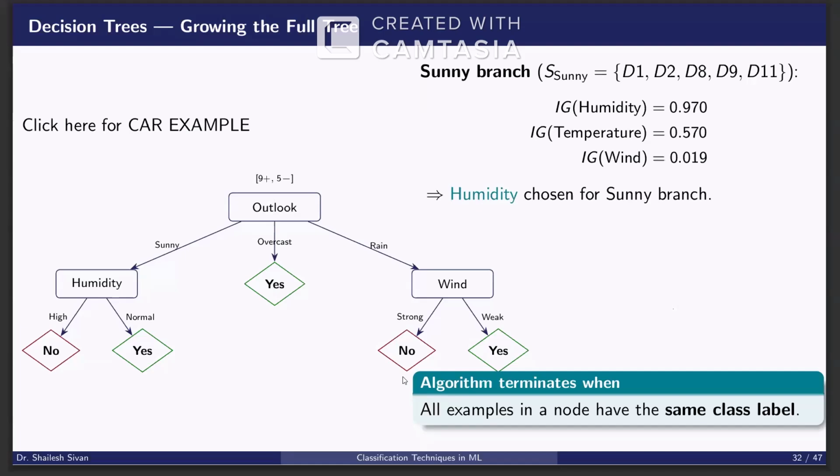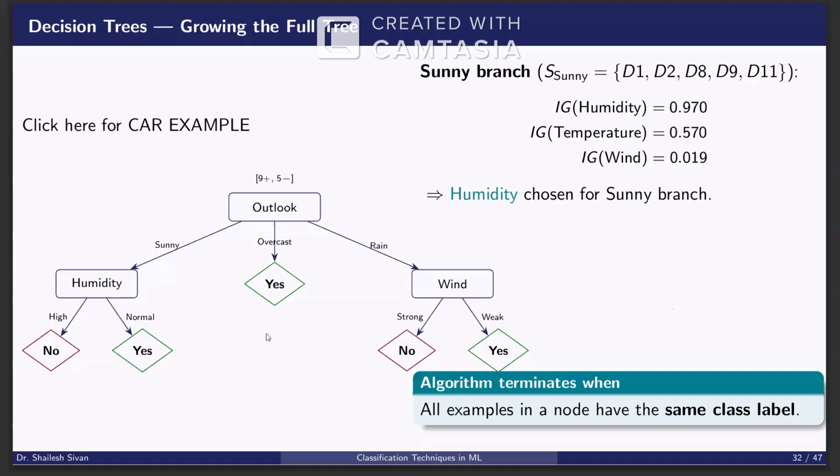Is that clear? I think we have to spend some time later. Maybe I can actually give a complete solved problem for you. You can go through it, then you will understand. Okay, in the Sunny case, Outlook was having more information gain.